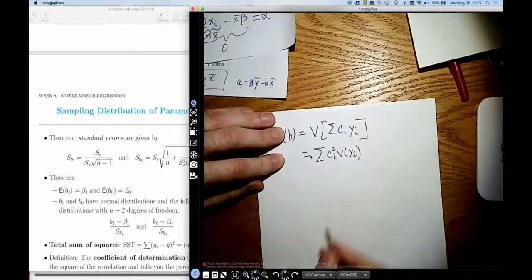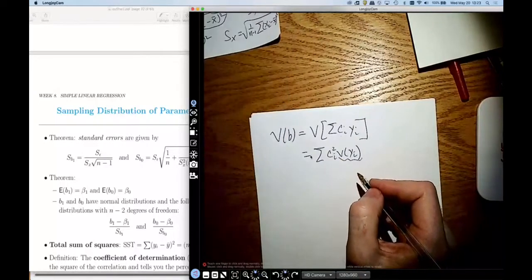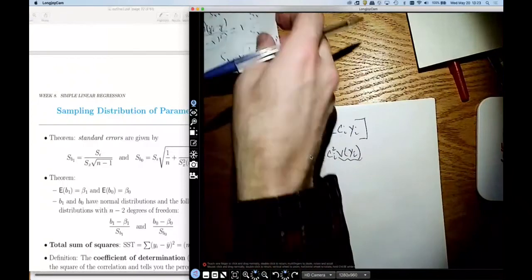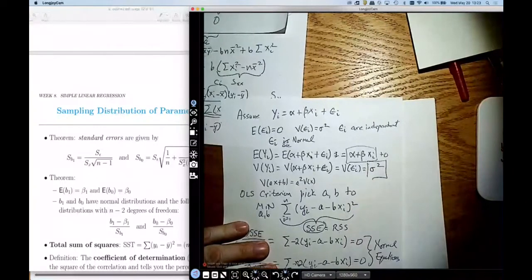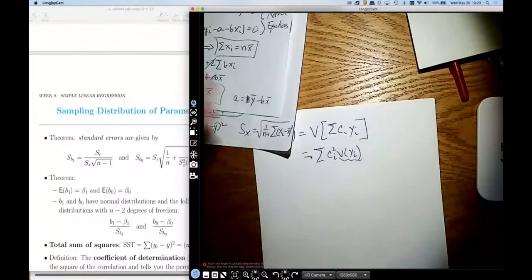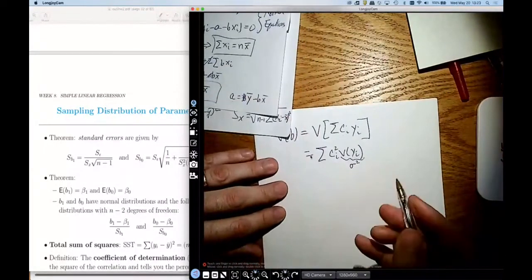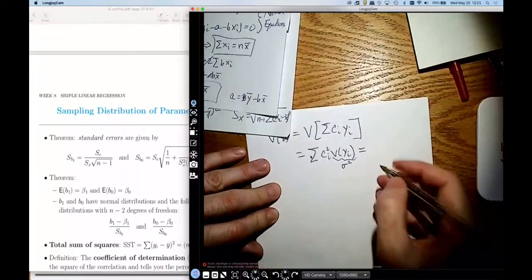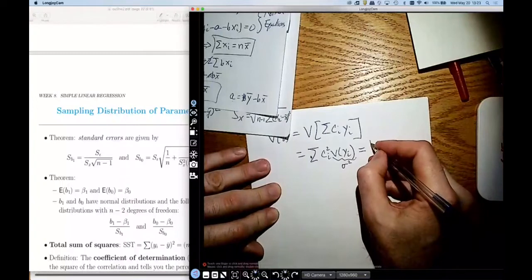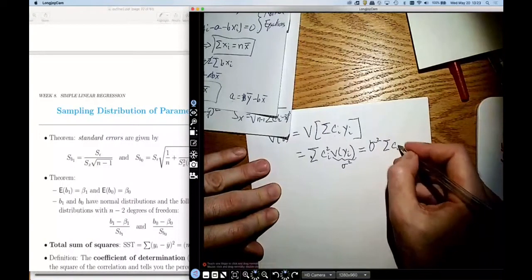And what is this quantity? Well, we found this at the very beginning to be sigma squared. So let me just refresh your memory going back to the beginning of this lecture. This is Ci squared sigma squared. Now, I'm going to pull this out, so sigma squared times the sum of Ci squareds.